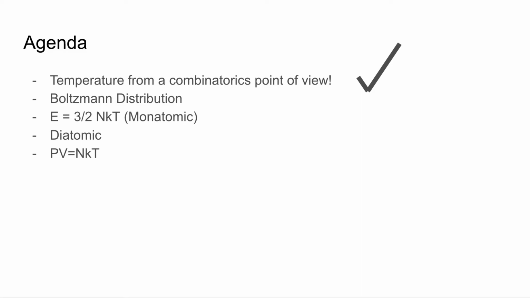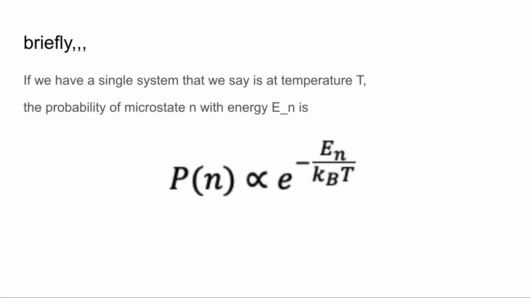And yeah, so now let's go on to something called the Boltzmann distribution. Over here I'll be a bit hand wavy, but essentially we're asking the question of what if we have a single system. Previously we have only been able to count the number of microstates corresponding to a macrostate, right?